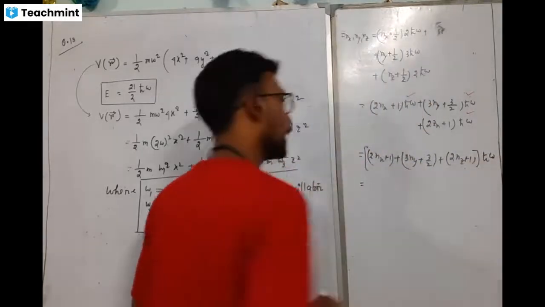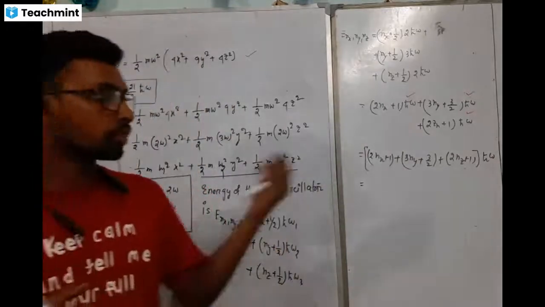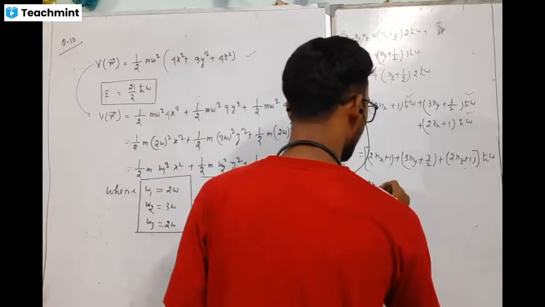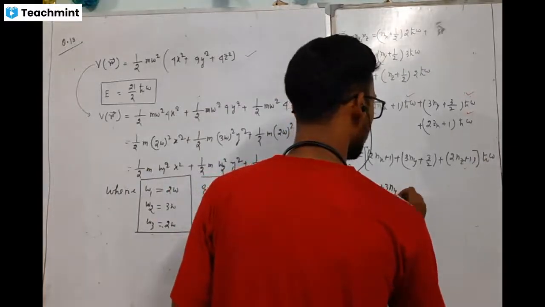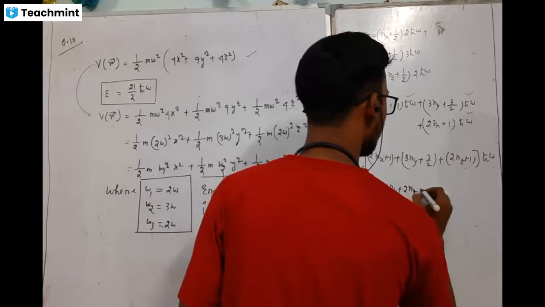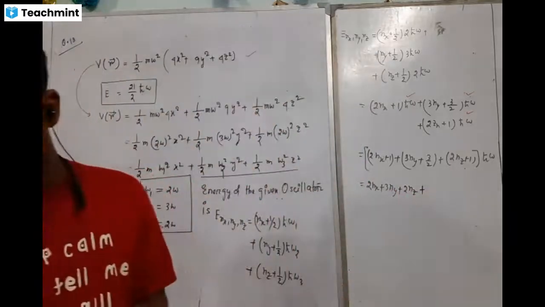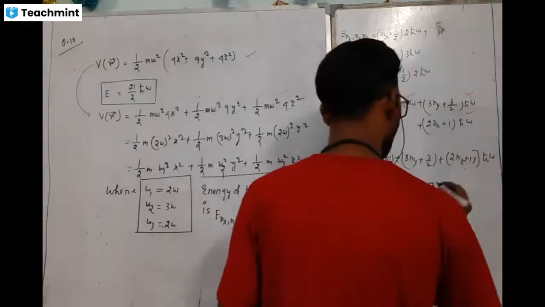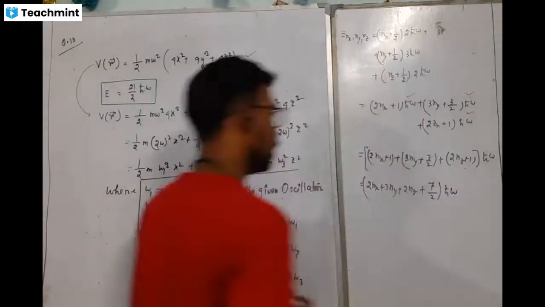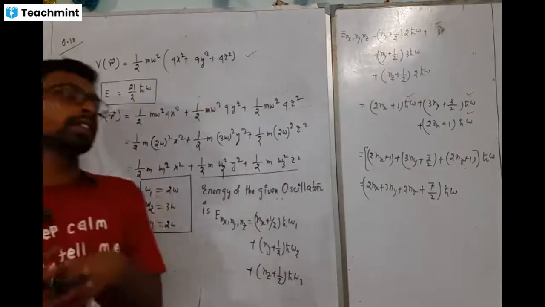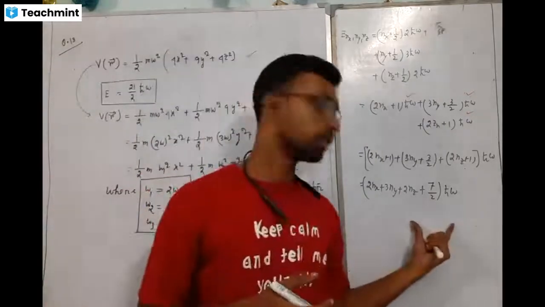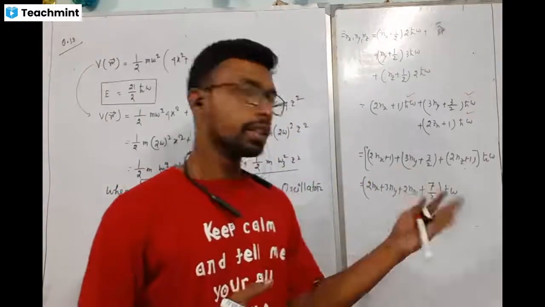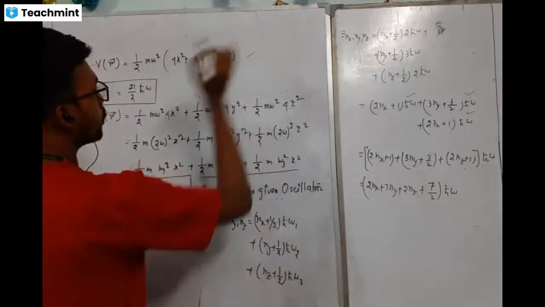So now again simplify this expression, and we get basically 2nx plus 3ny plus 2nz plus 7 by 2 times h cut omega. Okay, so from the given potential we get the energy expression 2nx plus 3ny plus 2nz plus 7 by 2 h cut omega.